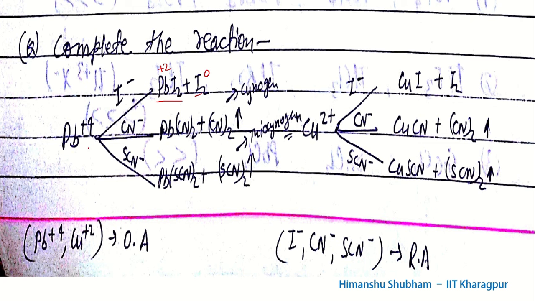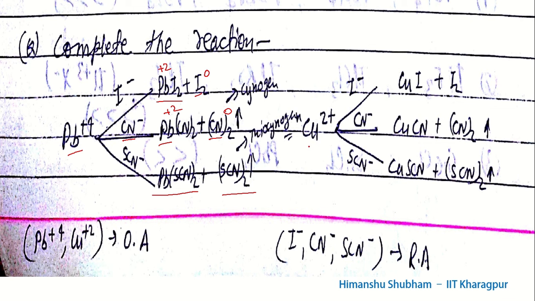Similarly, the reaction will be between Pb4+ and CN minus, where Pb will be in +2 oxidation state in the product and CN will be in 0 oxidation state. So we have +2 here and CN 0, and (CN)2 is also called cyanogen. Similar would be the reaction between Pb4+ and SCN minus. We will have the products Pb(SCN)2 and (SCN)2, and (SCN)2 is called thiocyanogen.